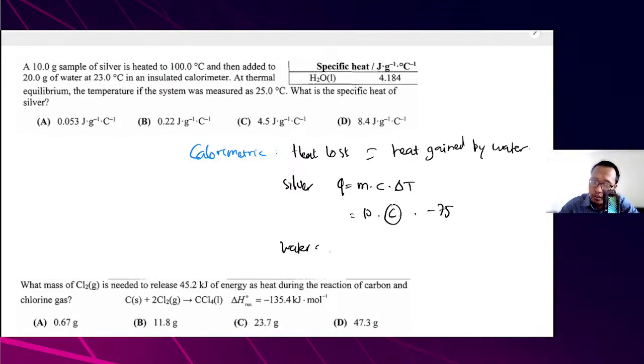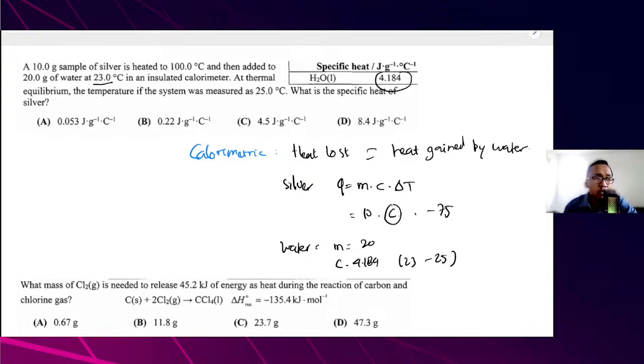Water mass is 20, so M is 20. The specific heat here we already have, 4.184. The initial temperature is 23, and it heated up becoming 25.